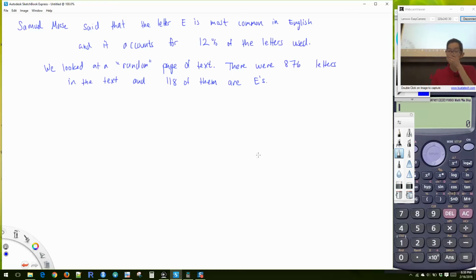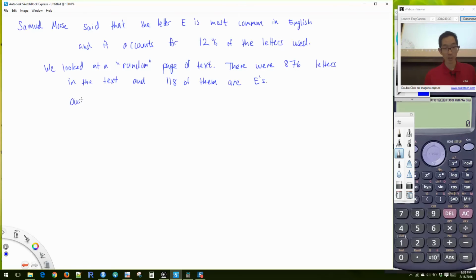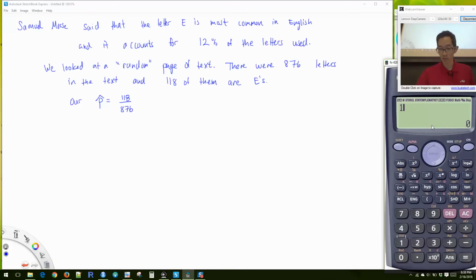So our p hat would be 118 divided by 876, and we have 0.1347.